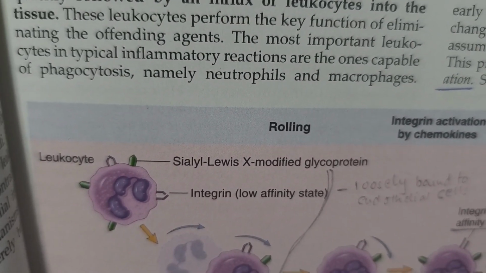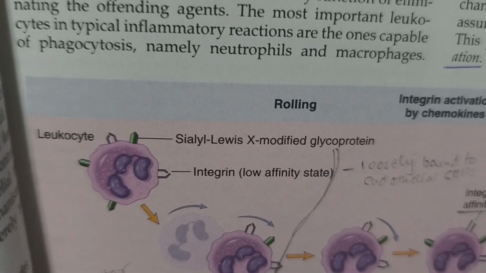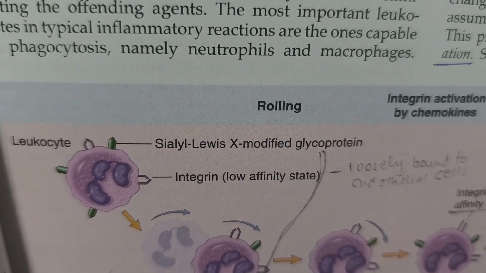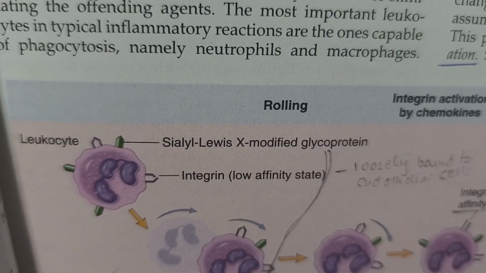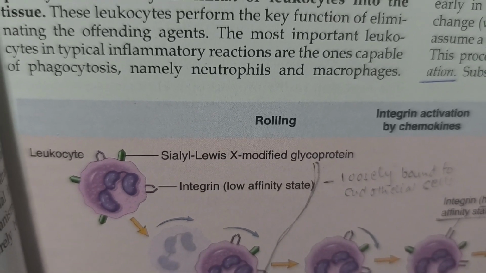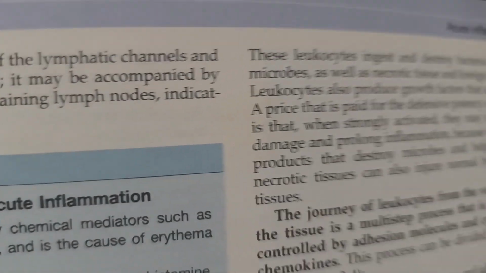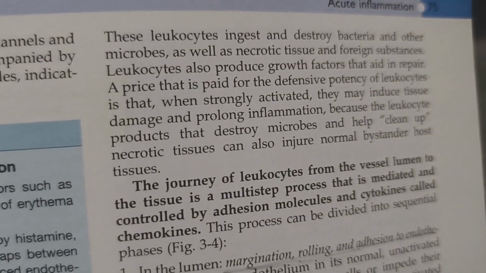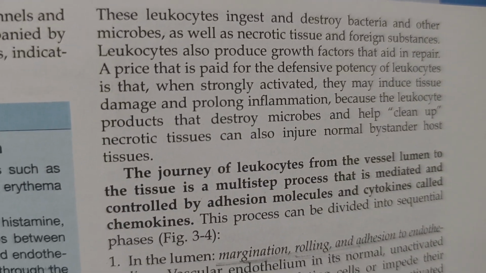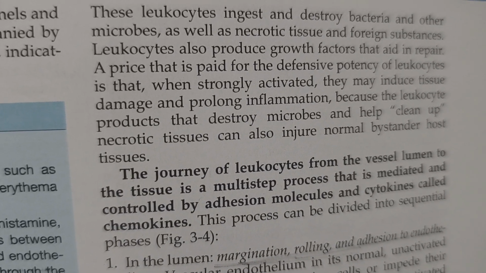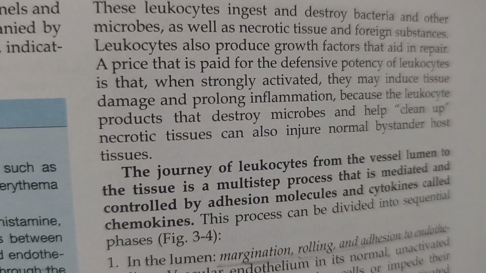The most important leukocytes in a typical inflammatory reaction are the ones capable of phagocytosis, namely neutrophils and macrophages. These leukocytes ingest and destroy bacteria and other microbes as well as necrotic tissue and foreign substances.